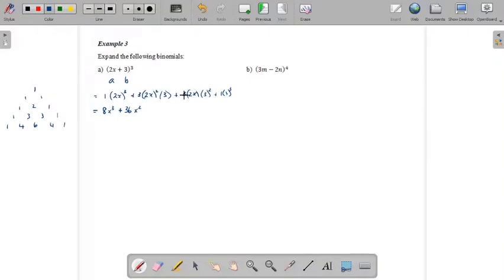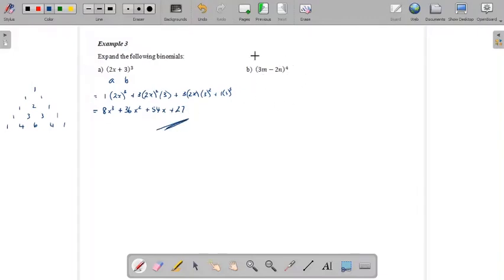So 2 3s is 6, 6 9s are 54. So that's plus 54 x. And then the last one here, 3 to the power of 3 is 27.